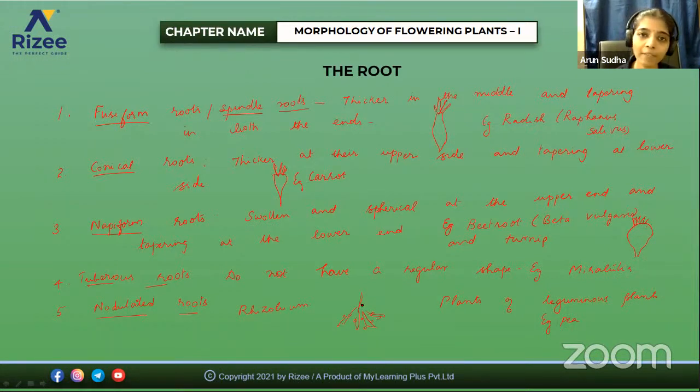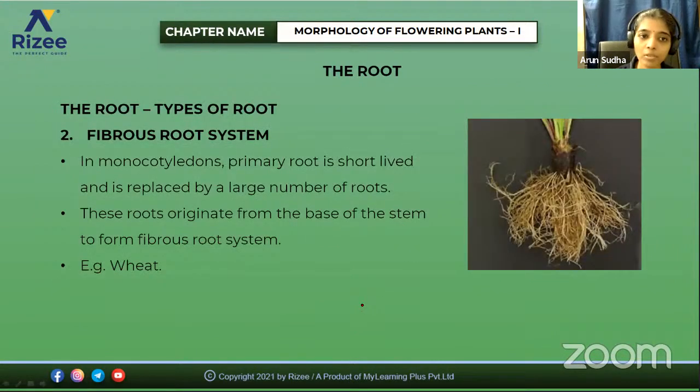So these are the different modified forms of the taproot. So it's clear, right? Then we'll see about the other types of root system, that is fibrous roots and adventitious roots. If you take the fibrous root, these are particularly present in monocots. In monocotyledons, the primary root is short-lived.